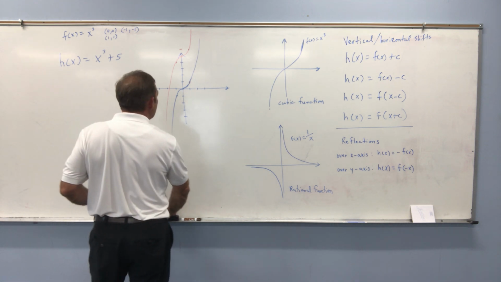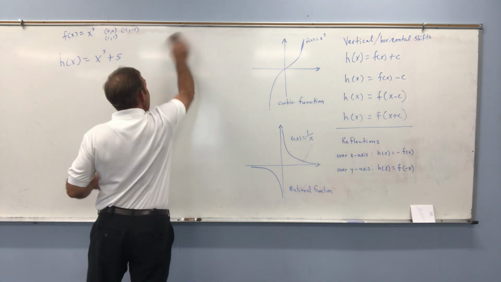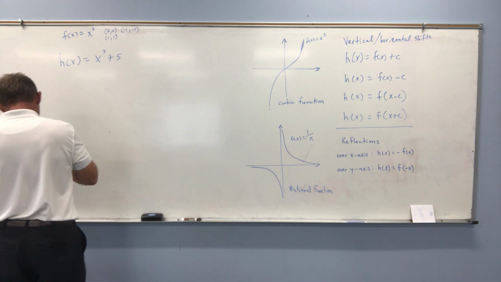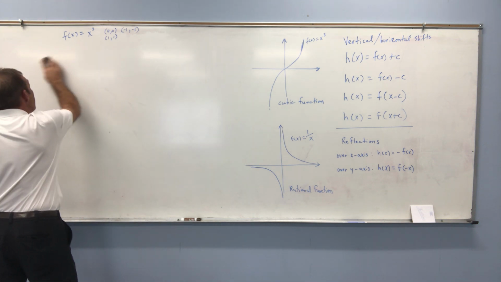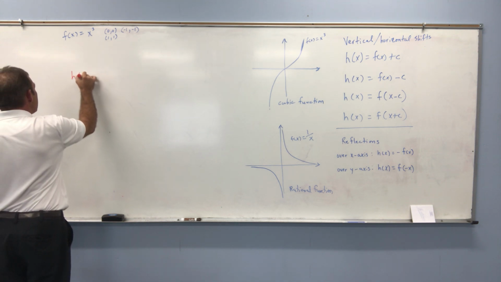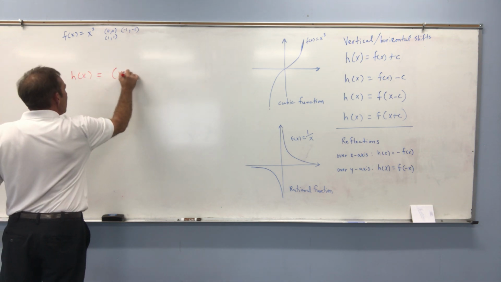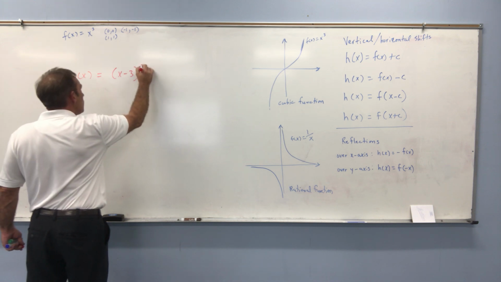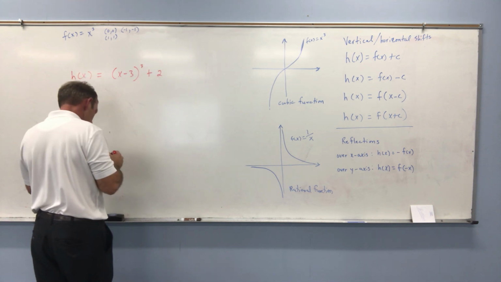Another example, let's suppose we had, and we'll work with that same parent function, but suppose we had h of x is (x minus 3) cubed plus 2.